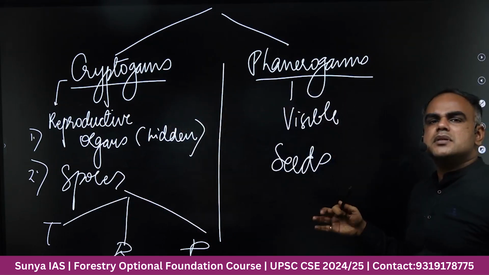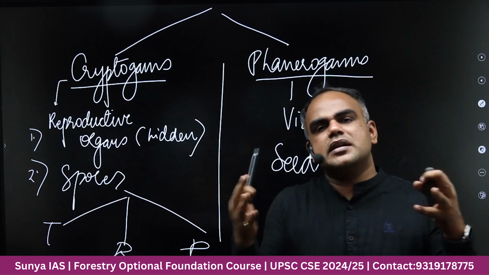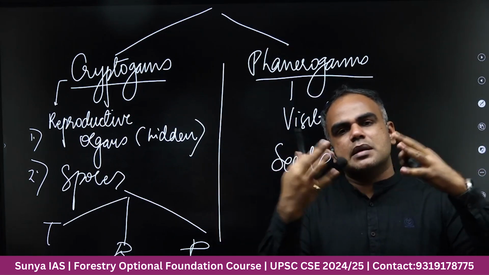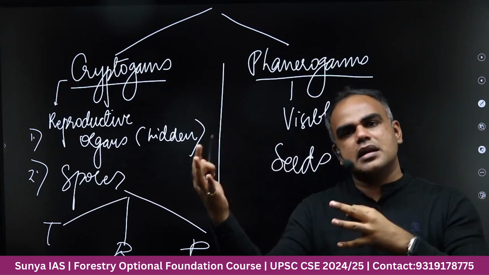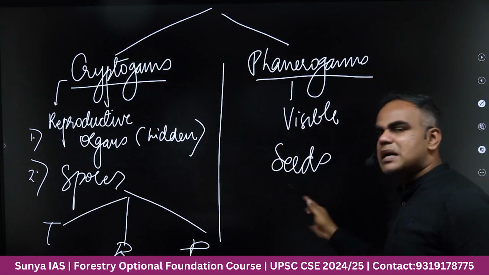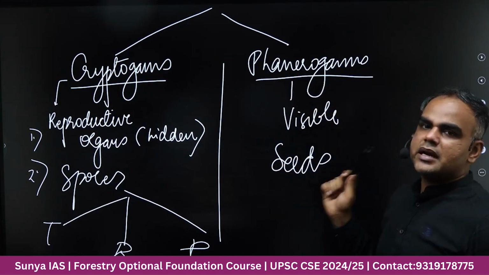Similarly in phanerogams, other botanists have classified it differently. Some spoke about gymnosperms and angiosperms, some about monocots and dicots. That is how this was classified. I'm repeating this so that you understand the kingdom classification.